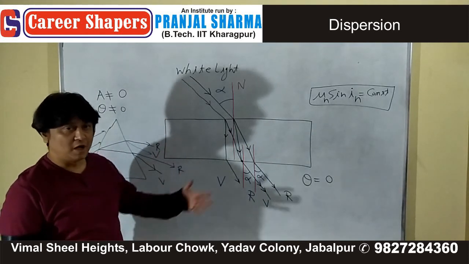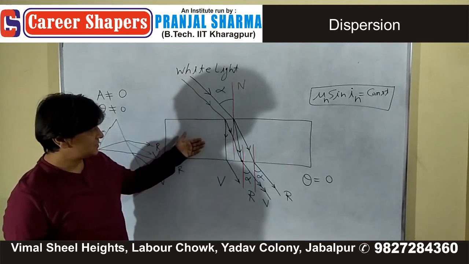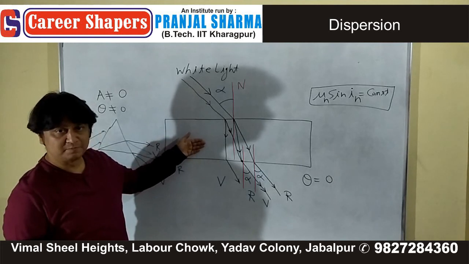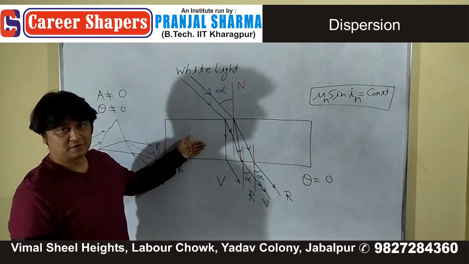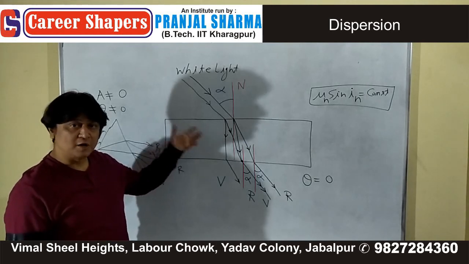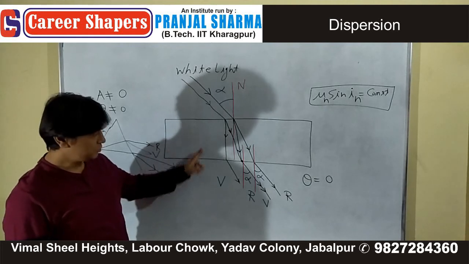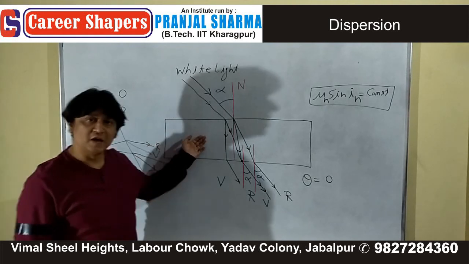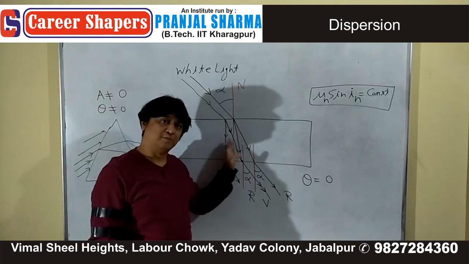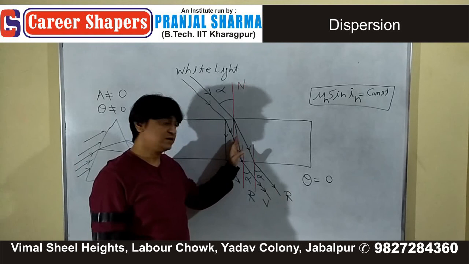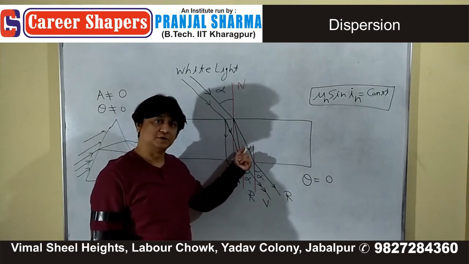If you can somehow enter inside this medium, inside this, then what will happen? That's my question to you. Think about it. If somebody enters into this medium, not in air, over here, then will you see splitting of light into its components? Will you see dispersion like this, or there will be no dispersion?